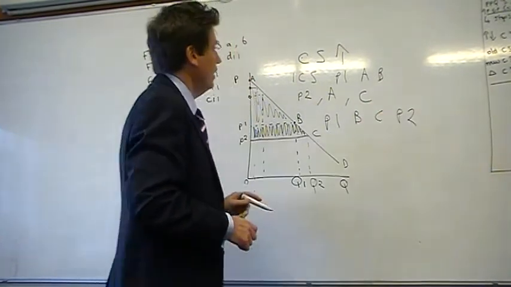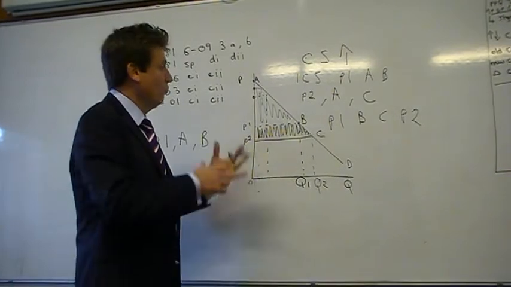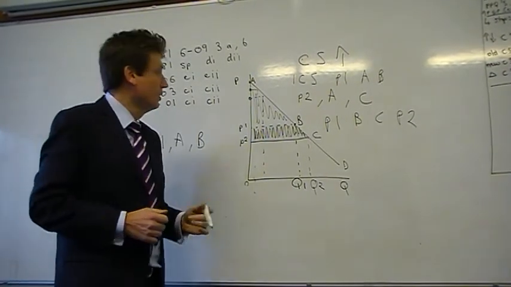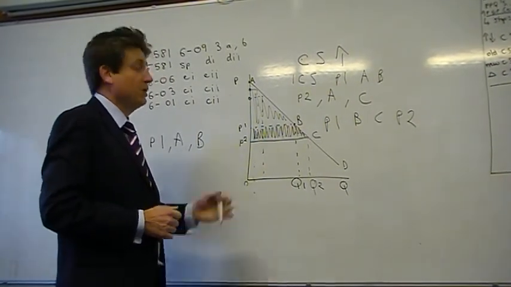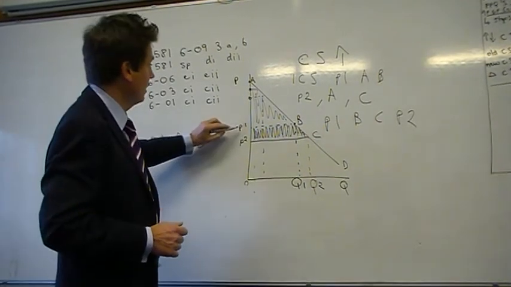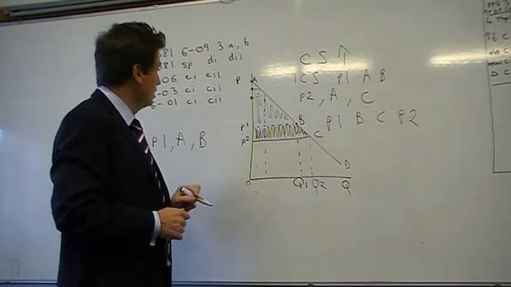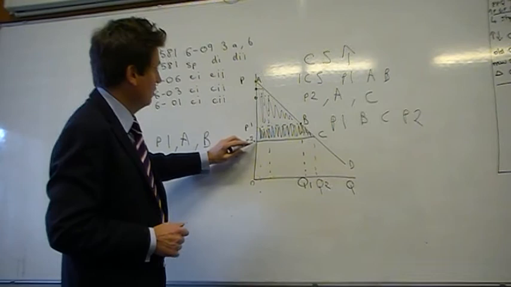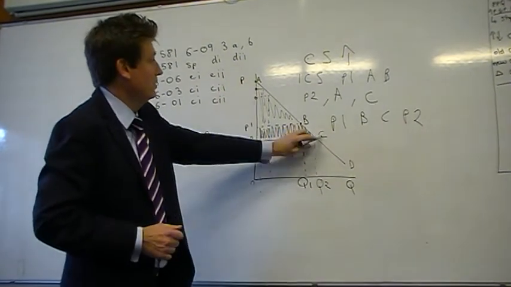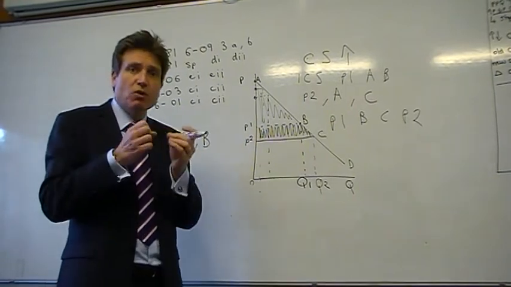So it's kind of important that we go through 4 points really. First of all, what has happened to consumer surplus? In this case, consumer surplus has increased. What was the initial consumer surplus? We can see that here, P1, A, B. What is the new consumer surplus? Well, that's P2, A, C, and what has actually been the change in the consumer surplus, i.e. what's additional?